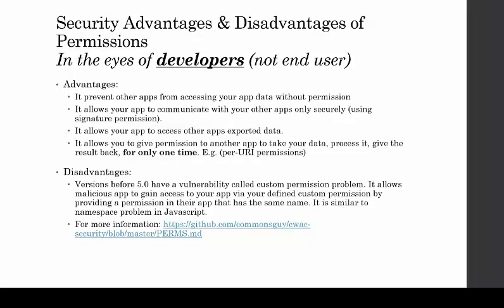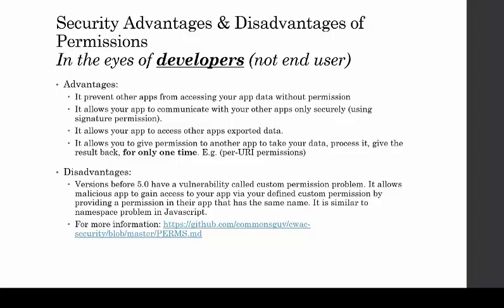Security advantages and disadvantages of permissions in the eyes of developers, not end users. Advantages: it prevents other apps from accessing your app data without permission. Permissions allow your app to communicate with your other apps only, securely, using signature permission.